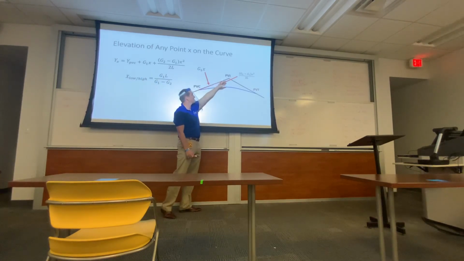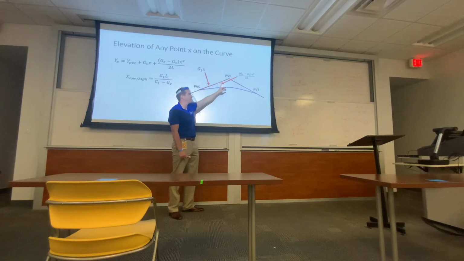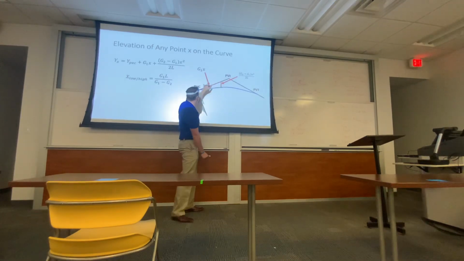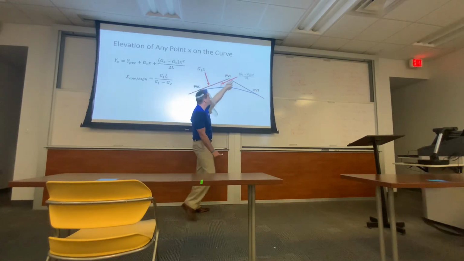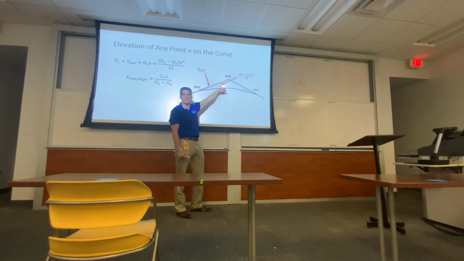G1X gets us to this elevation here, and then this parabolic function brings us down this little bit. So to get to this elevation from PVC, we take PVC, add G1X, and then over here we're subtracting out this little bit to get the elevation here.